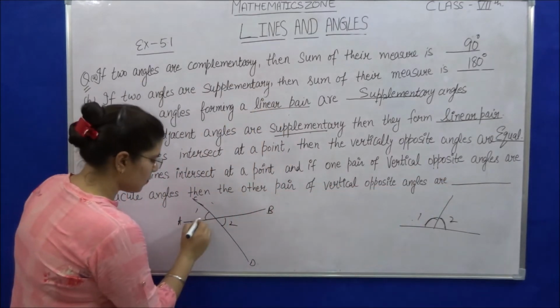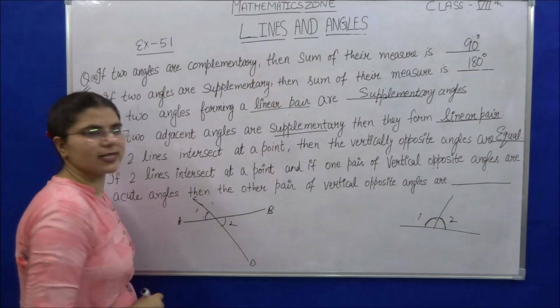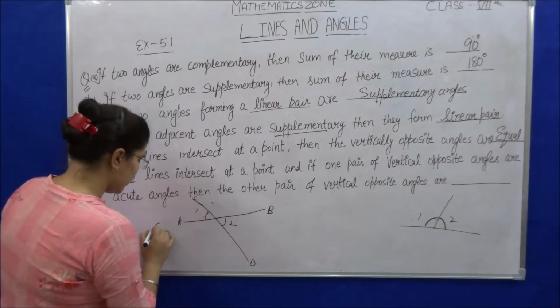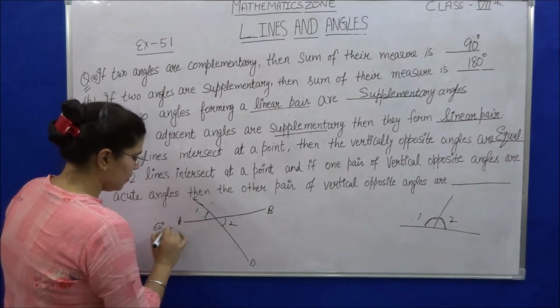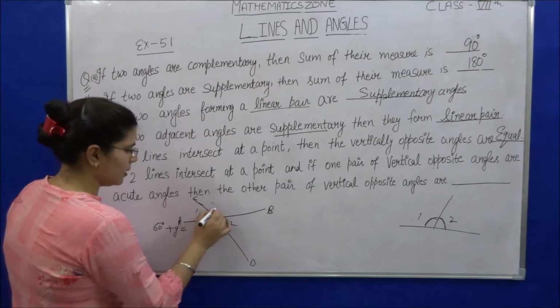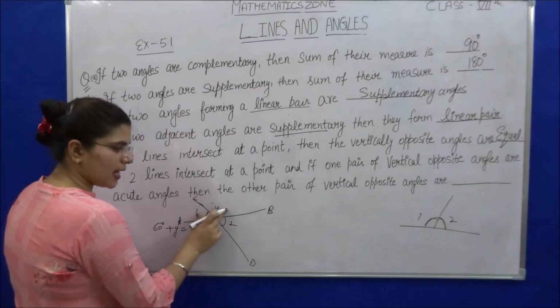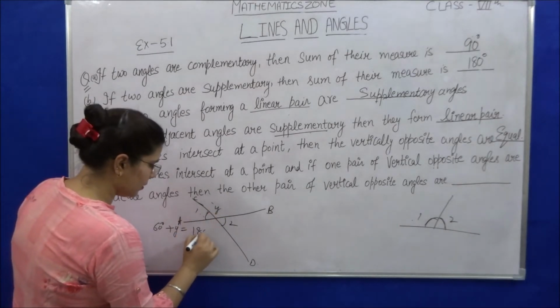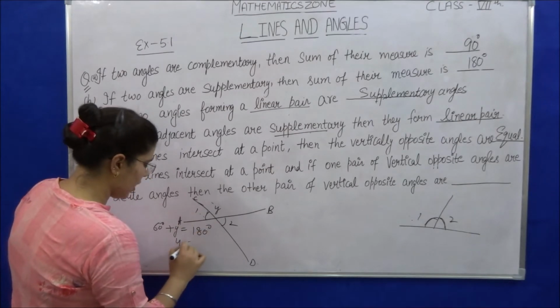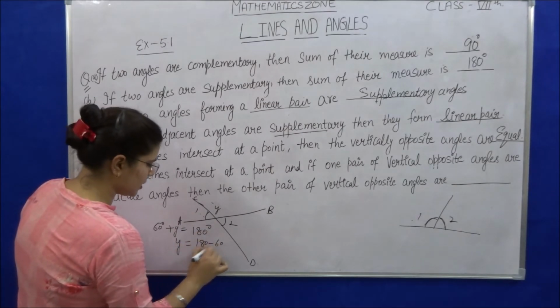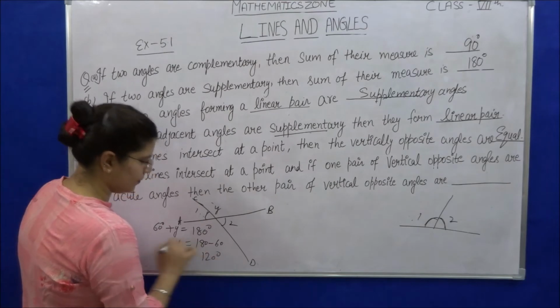Now let us suppose the measure of these two angles is less than 90. Let it be 60 degree. Then the measure of the next angle y, because these are a linear pair, so the sum of a linear pair is 180 degree. So y will be 180 degree minus 60, that will be 120 degree.